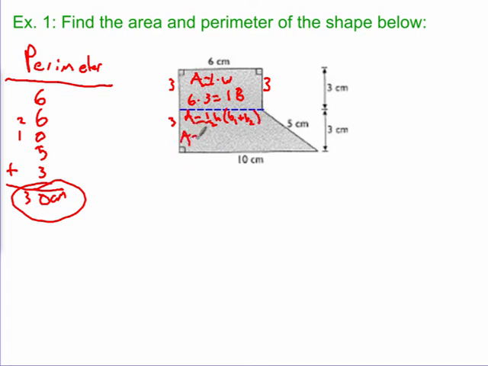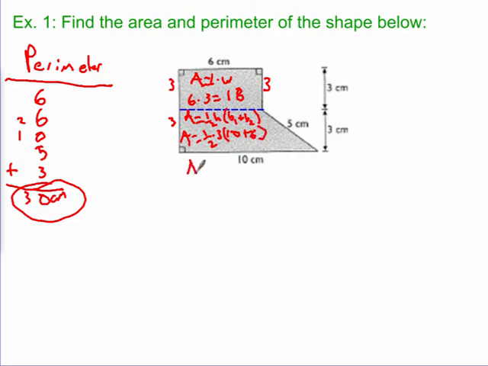All right, so let's figure that out. It's 1/2 times the height. The height is just the distance between the two parallel sides. Here's one parallel side, here's the other. Distance between them is 3. The bases are the parallel sides. So the bottom one we know is 10. And the top one, well, we know this side is 6, and because it's a rectangle, that means this side is 6, so this is going to be 6.